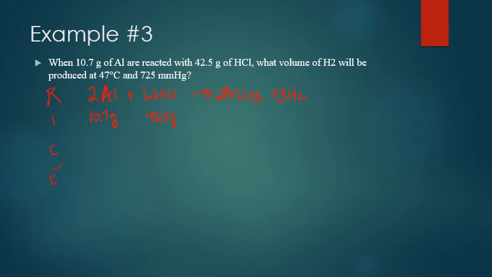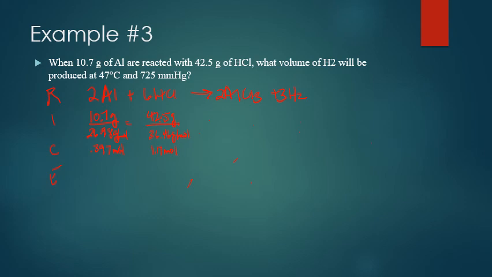Yay! So I'm going to divide this initially by 26.98 grams for its molar mass, and I'm going to divide the 42.5 by 36.46 grams per mole for the molar mass of hydrochloric acid. So when we get this divided out, we have for our initial number of moles 0.397 for our moles of aluminum, and we have 1.17 for our moles of HCl.